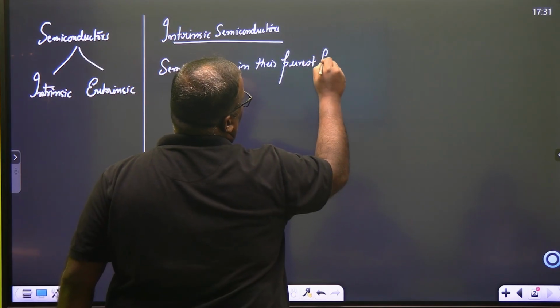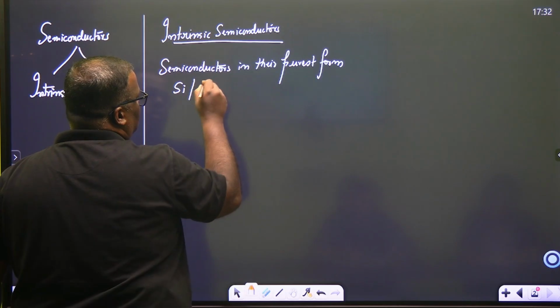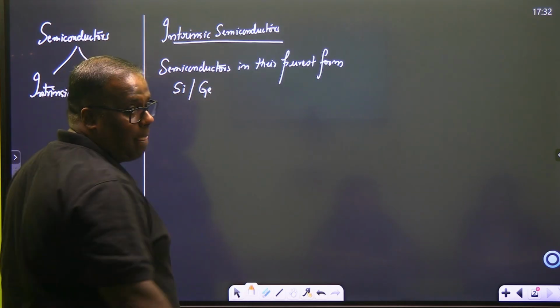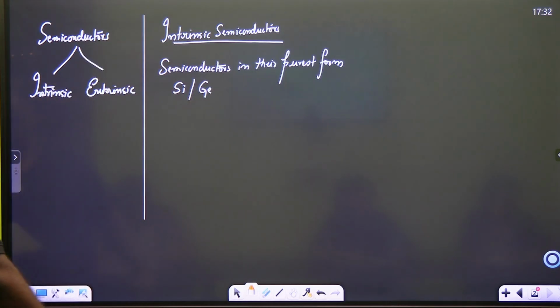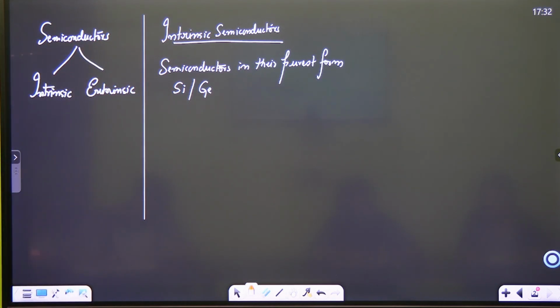And these semiconductors are either silicon or germanium. Okay? Semiconductors in their purest form. Now I'll draw the mind map, but I also will start explaining it to you so that you understand it properly. These are semiconductors in purest form.